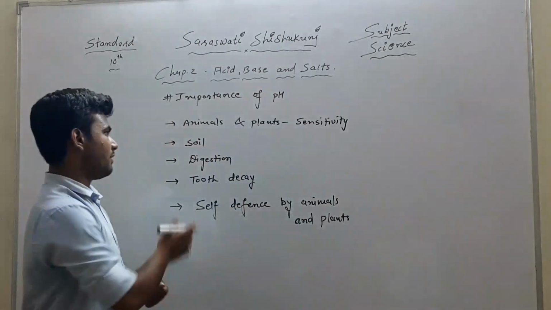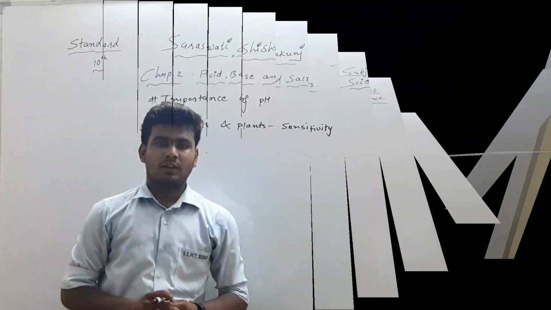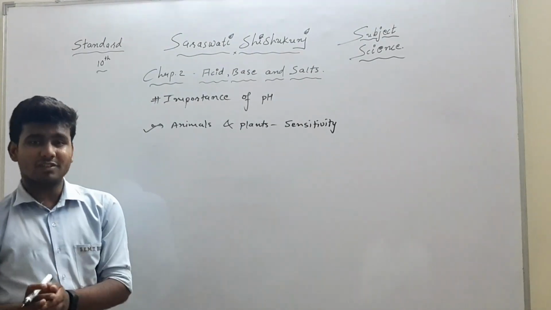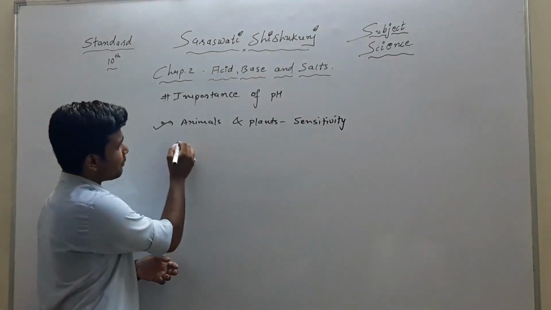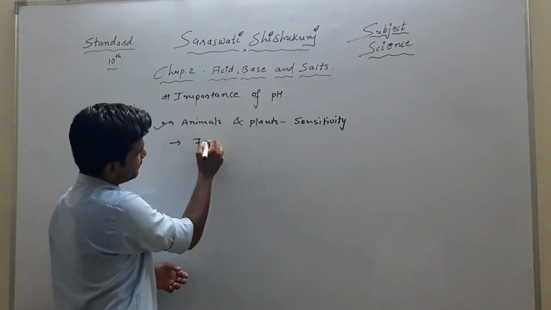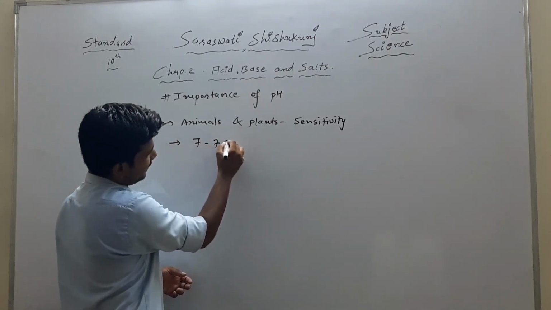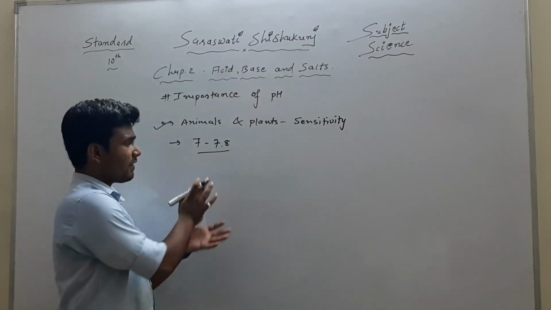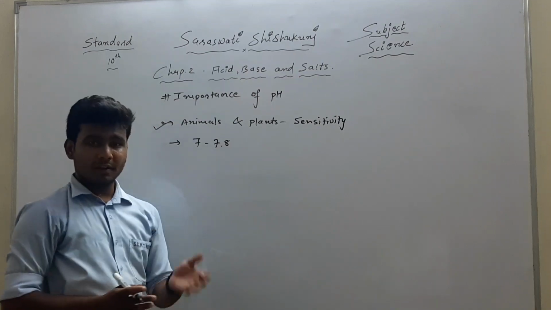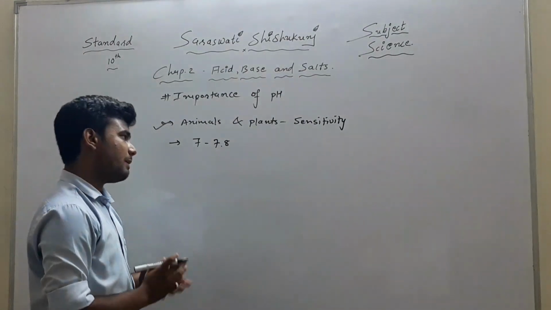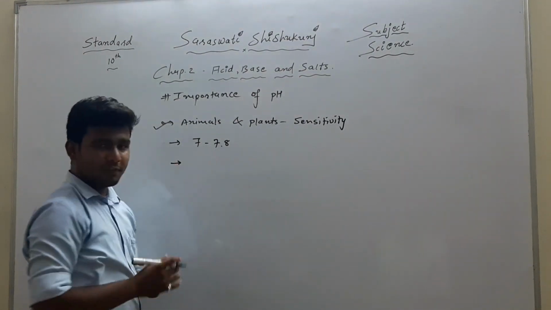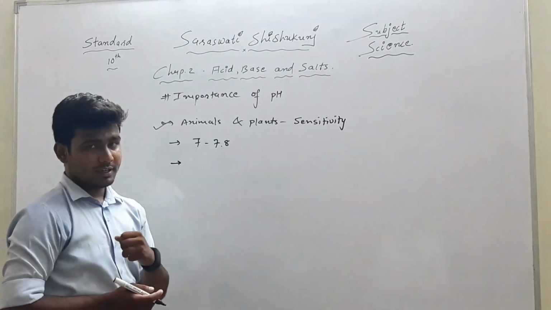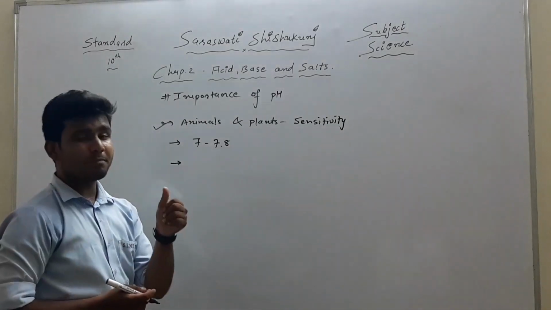So let's start from the first one, that is animals and plants. Generally, our body works very properly within a certain range of pH, between 7 to 7.8. If there is more variation in this pH, it may create disturbance in our body.